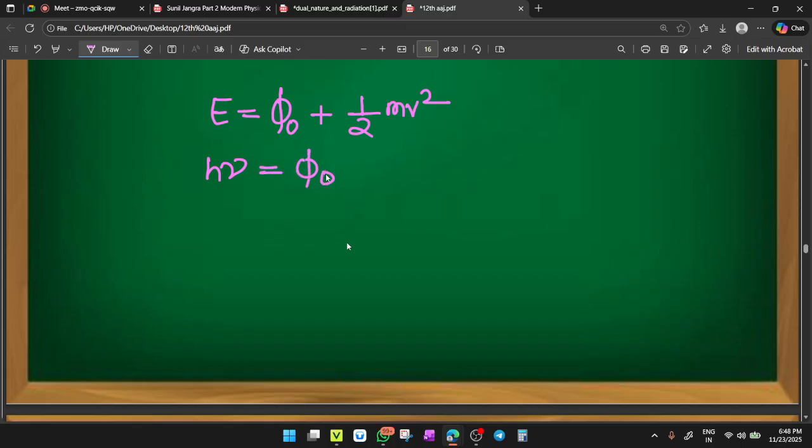During the photoelectric effect, if I incident a radiation of energy E, this contributes in two parts: h nu naught, the work function, plus half mv square. Clear? So half mv square is kinetic energy, this is the maximum kinetic energy. And h nu equals phi naught, this is a constant value, plus half mv square, the kinetic energy.